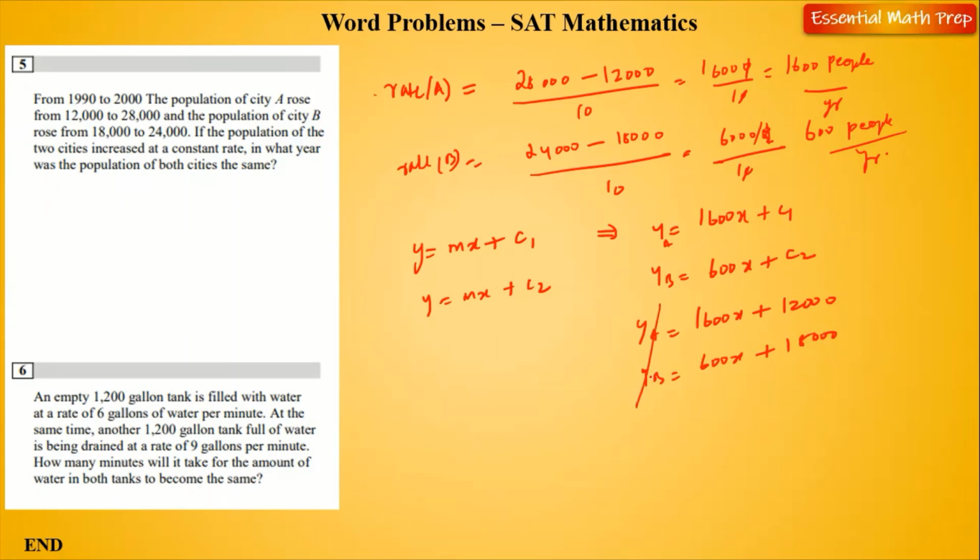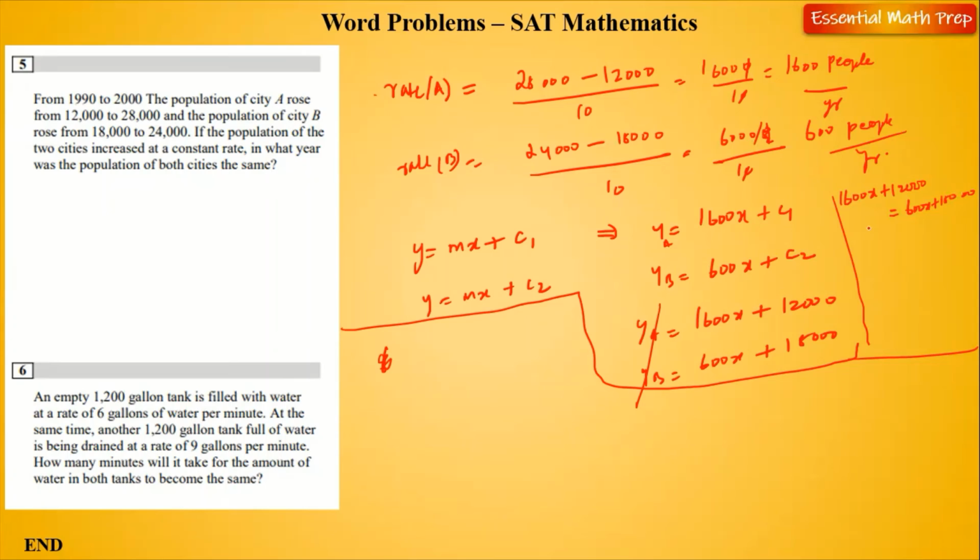So the population should be the same at some point. Oh, I need some space for my other problem, so let me gather these and do it here. So 1600x plus 12,000 equals 600x plus 18,000.